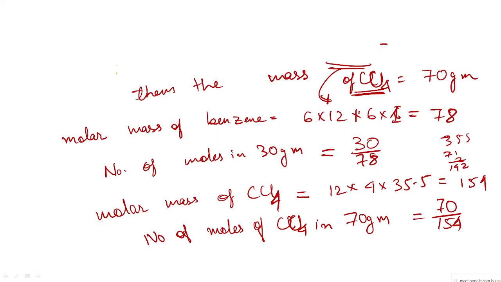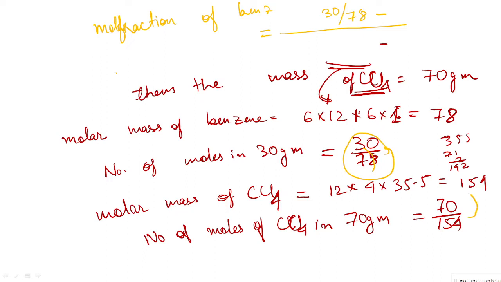First of all we are going to calculate the mole fraction of benzene. So the mole fraction of benzene will be equal to, how many moles did we get? 30 by 78. That 30 by 78 we keep in the numerator. Now the total moles present in the solution will be this 30 by 78 and this 70 by 154. So here you will get 30 by 78 plus 70 by 154.